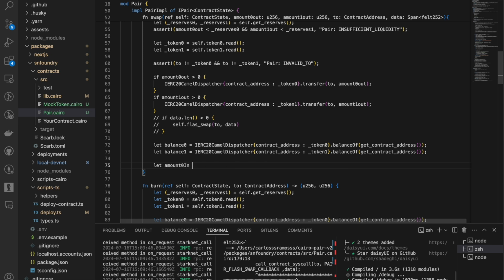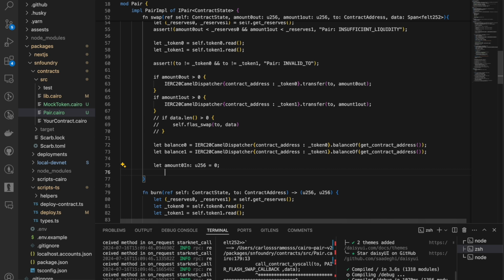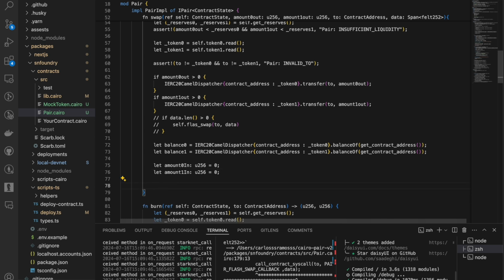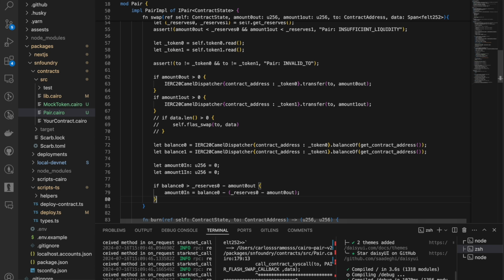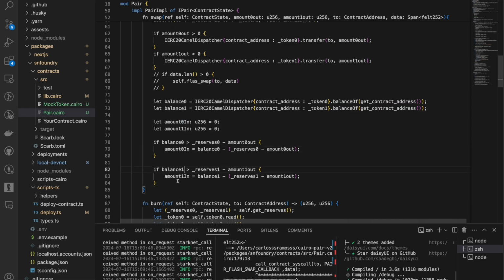Amount 0 in is going to be a u256. I'm going to set this to 0, and I'm going to put another for amount 1 in, and I'm going to say that if balance 0 is greater than reserve 0 minus the amount 0 out, I'm going to place this to the amount 1, and I'm going to do the same for amount 0, amount 1, both of them.